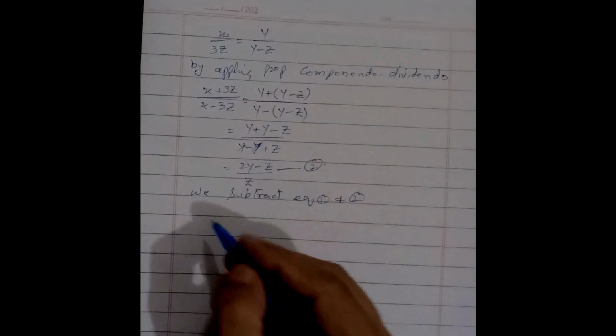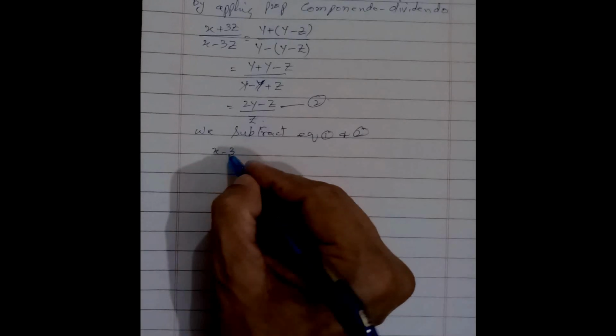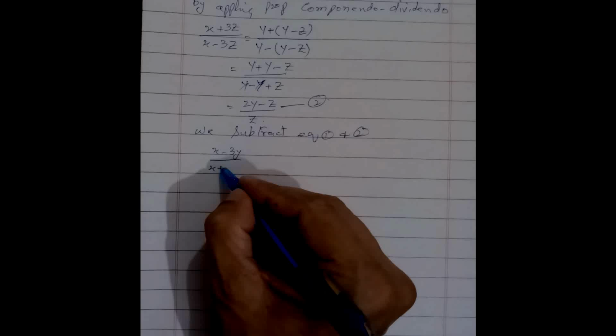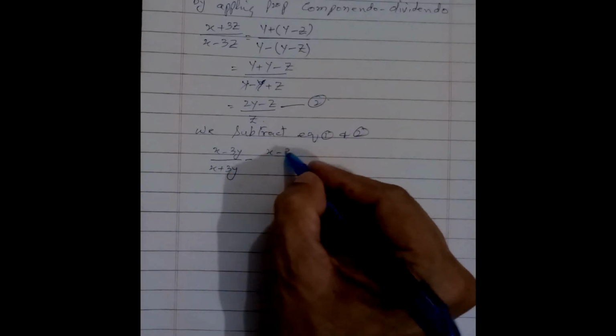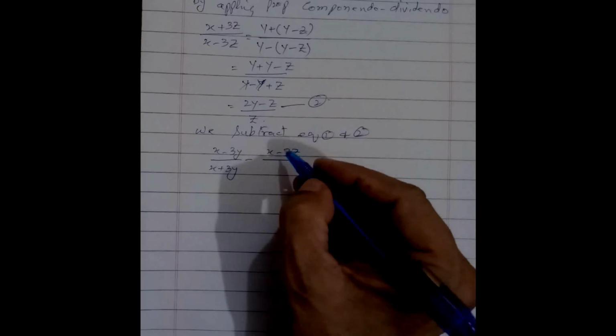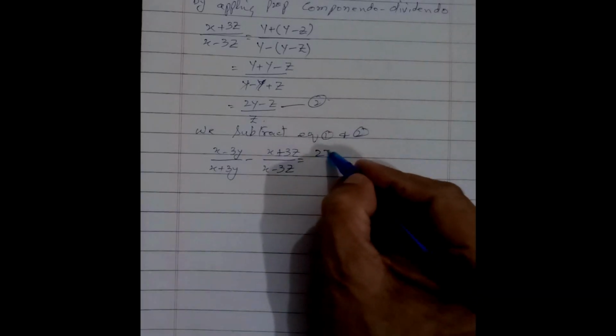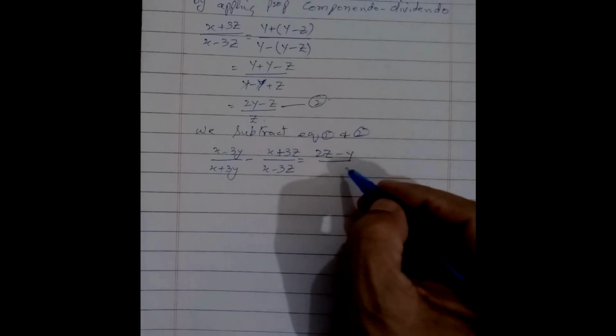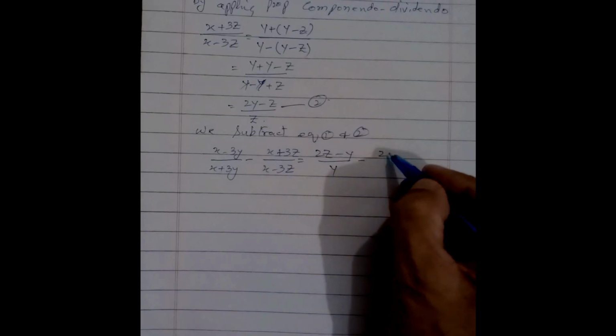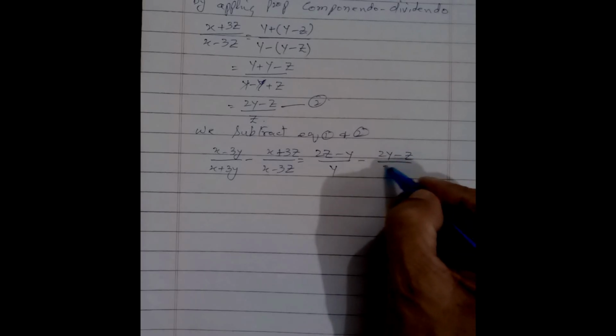We get x minus 3y over x plus 3y minus x plus 3z over x minus 3z is equal to 2z minus y over y minus 2y minus z over z.